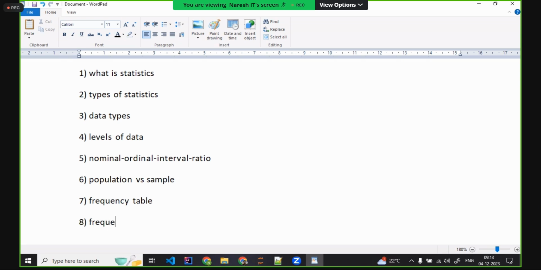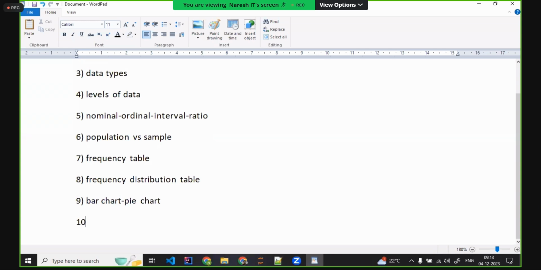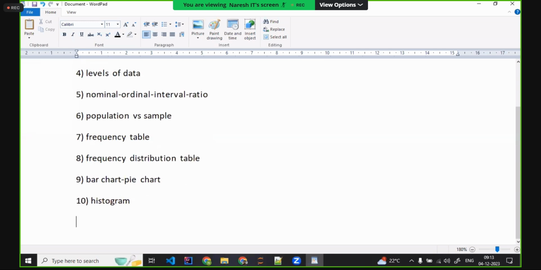Then we learn about the bar chart and pie chart, and the histogram, and then the distribution plot, correct? And later we learn about central tendency.